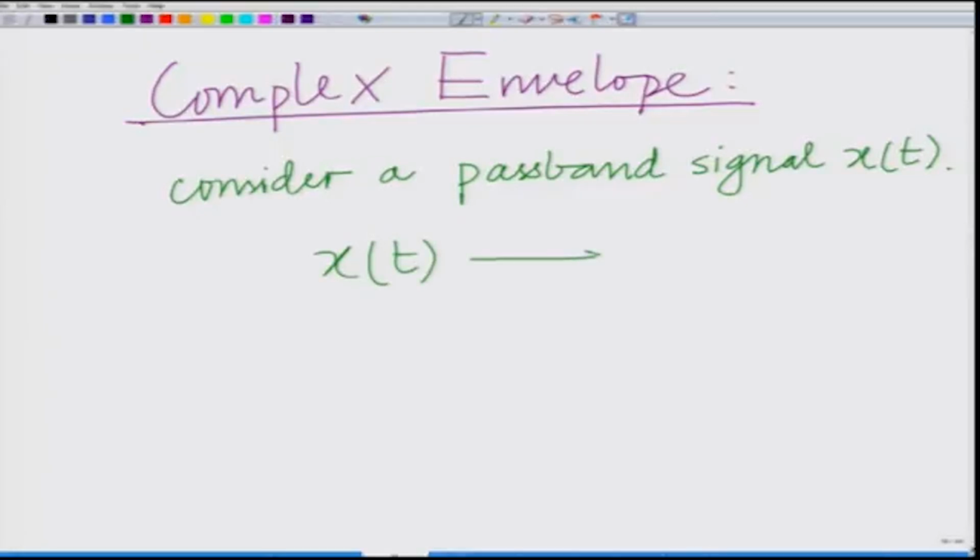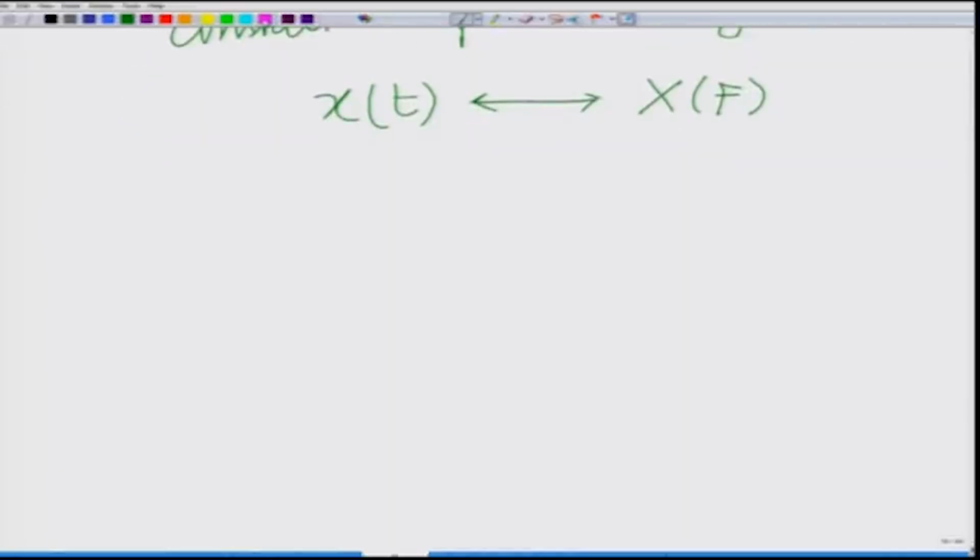Naturally a passband signal has a Fourier transform that is centered around a carrier frequency f c. So, let us start by considering a passband signal x t, which has Fourier transform that is centered around the carrier frequency that is f c.